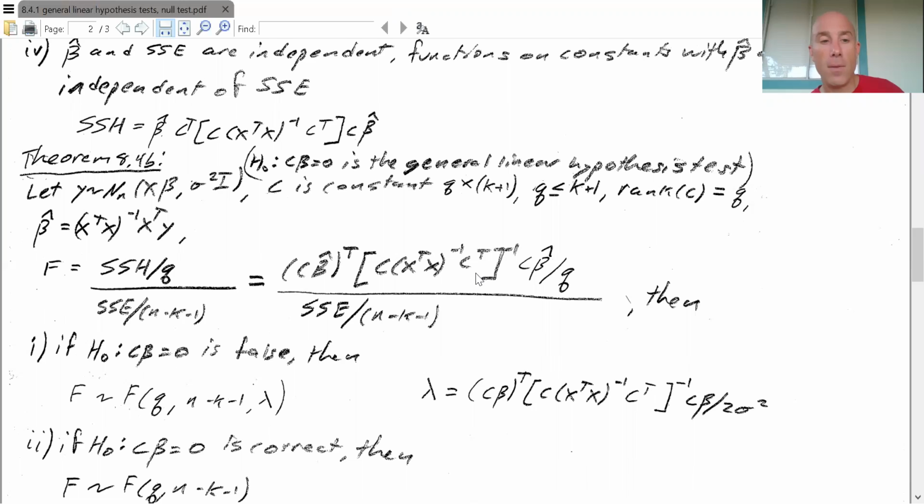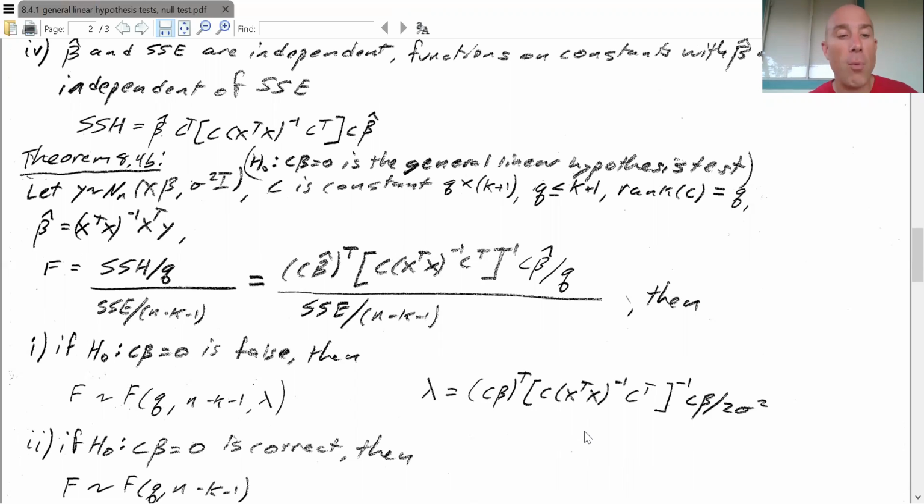And then if the null hypothesis is false, then this F statistic is going to be F distributed with a non-centrality parameter, and here lambda is the non-centrality parameter.